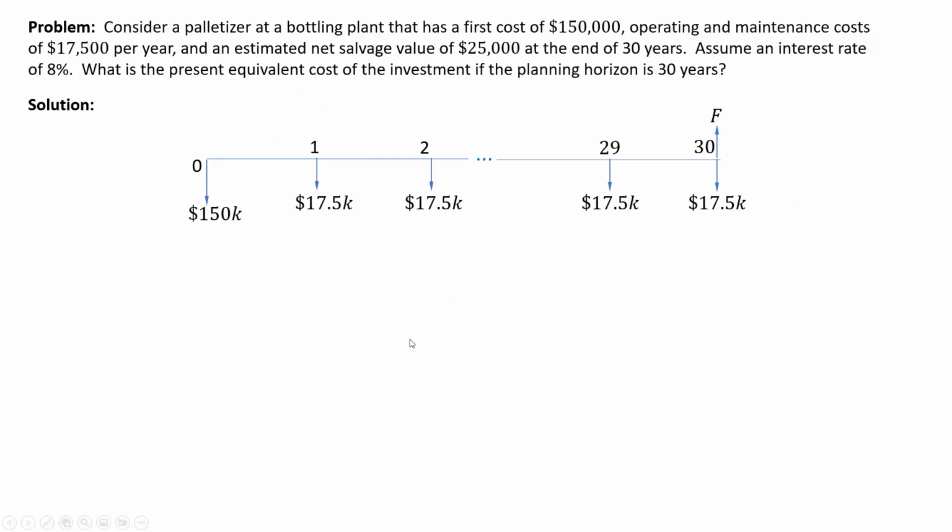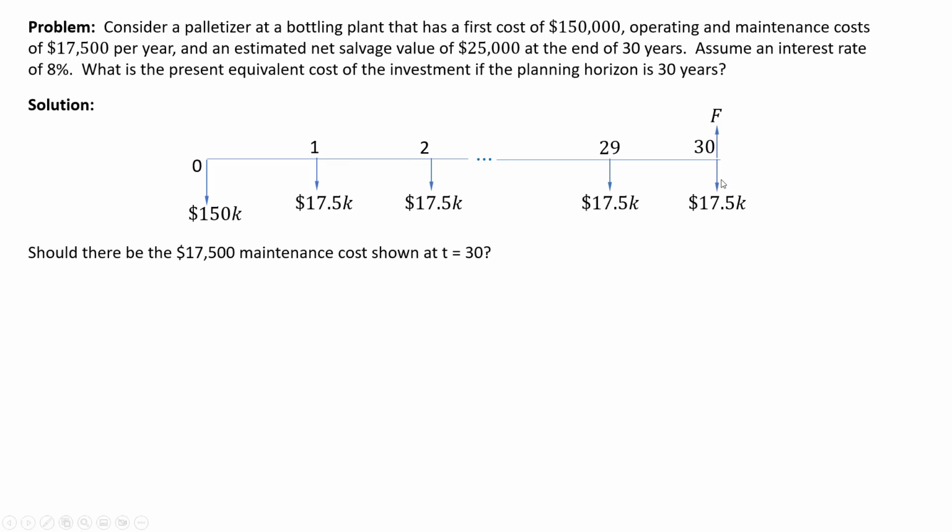What is the net present worth of this one? Present equivalent cost. Now, before we do that, these are annual maintenance costs, right? 17,500. At the end of year 30, you want to sell it and get the salvage price.